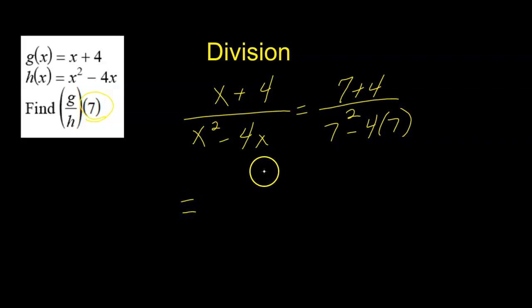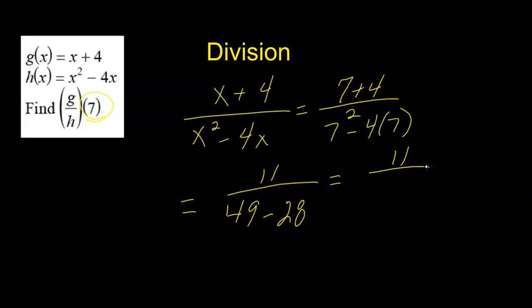So then we get 11 on top. 7 squared is 49 minus 28. So we get 11 over 21, I believe. And if you could reduce that, then you would, but we can't, so we won't.